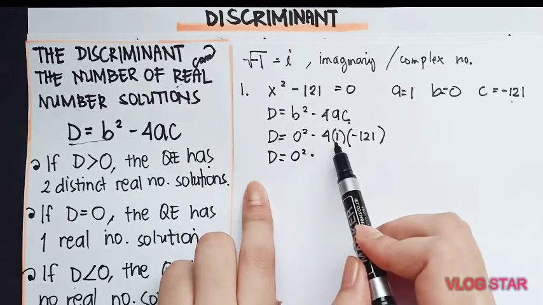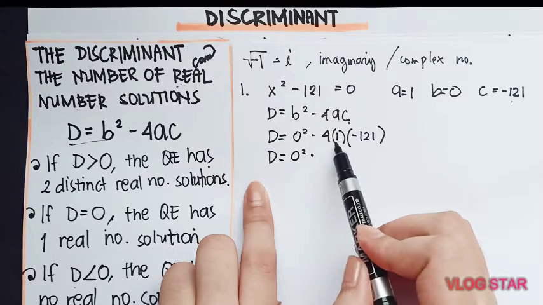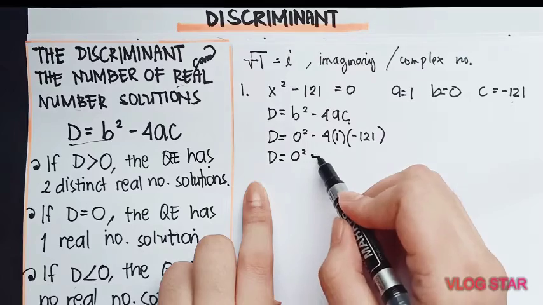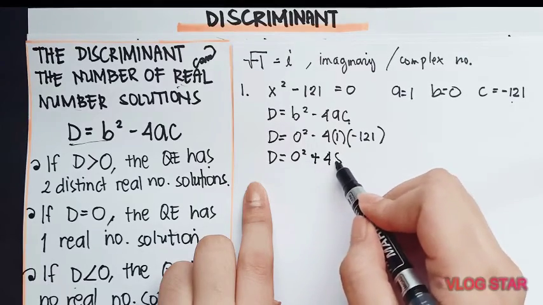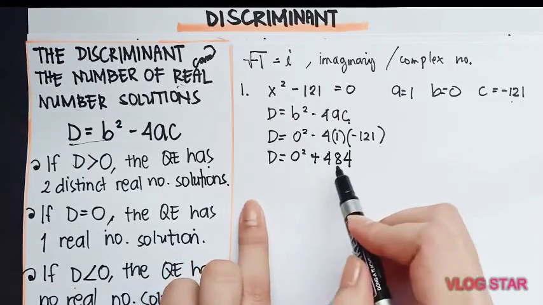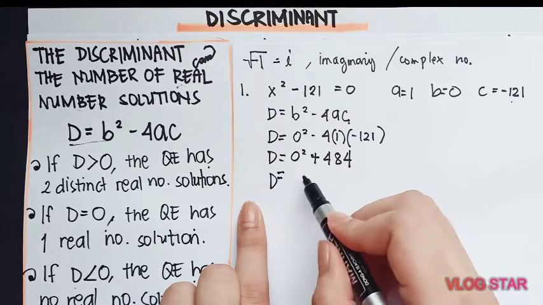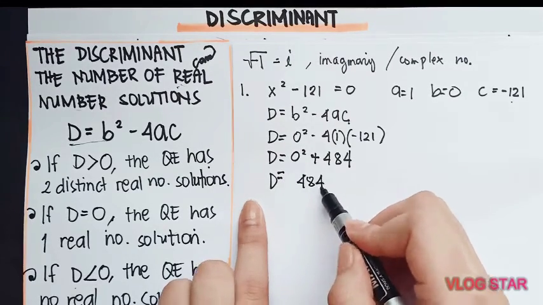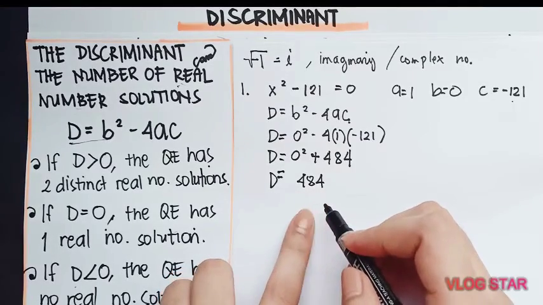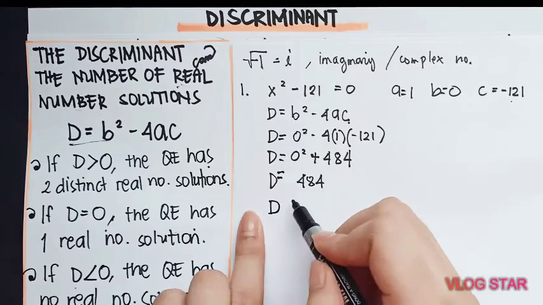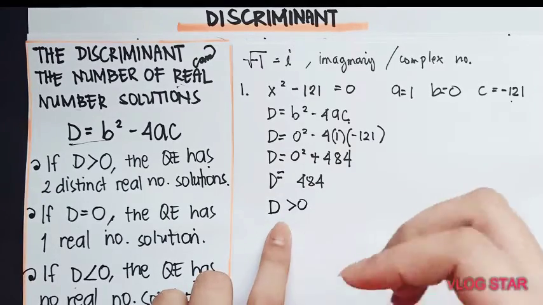So the discriminant is 0 squared. So -4 times 1 is -4. -4 times -121 will become positive 484. So when we add 0, the discriminant is equal to 484. And 484 is greater than 0. This is a positive number. So we can say that the discriminant is greater than 0.